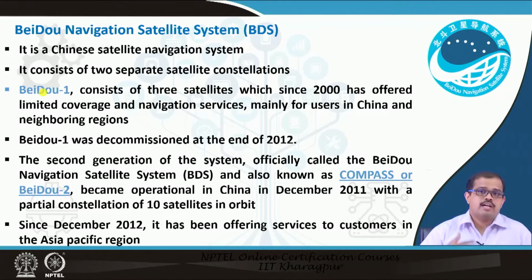Now let's look at BeiDou. BeiDou is a Chinese satellite navigation system. It consists of two separate satellite constellations, BeiDou 1 and BeiDou 2. BeiDou 1 consists of only 3 satellites, which since 2000 has offered limited coverage and navigation services mainly for users in China and neighboring regions, basically Southeast Asian regions, and to an extent the Pacific region.